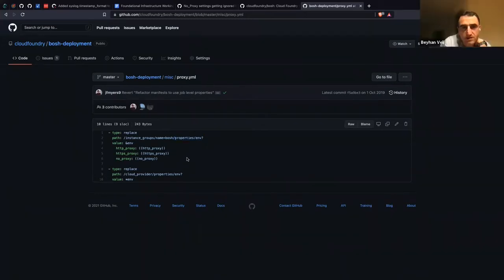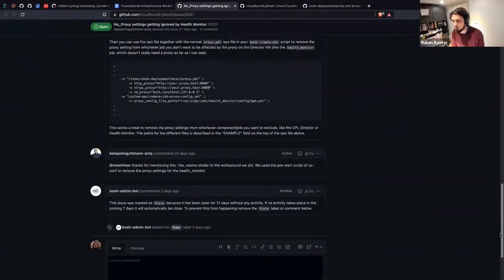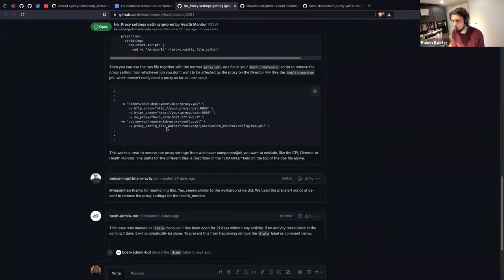Somehow there was an issue in the Bosh deployment changing this, and at that point people looked into that and it seems not so straightforward. I mean, the workaround they mention here is that they unset it for the health monitor.